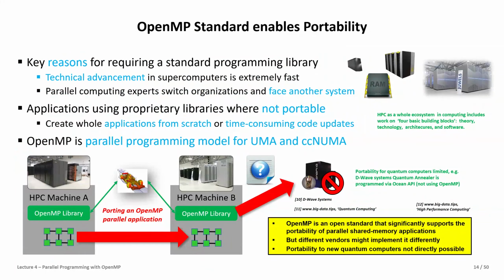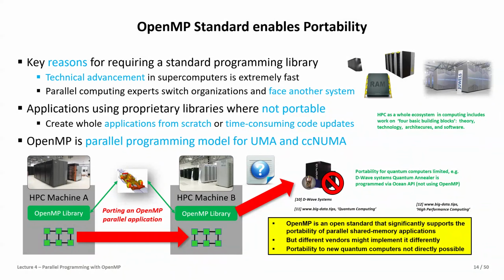The benefit we have, of course, is thinking about a standard that also enables us to see the bigger picture of HPC machines. Right now, portability is something we are very interested in, because in EuroHPC, as you learned in one of the earlier lectures, we have many different systems in the union.